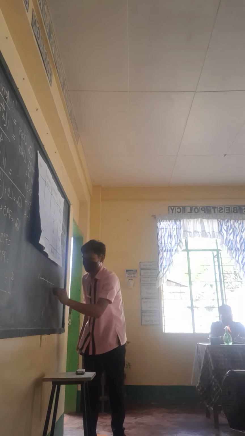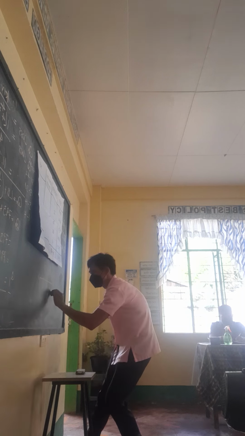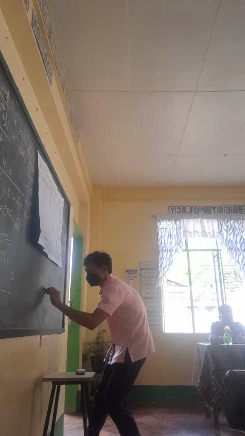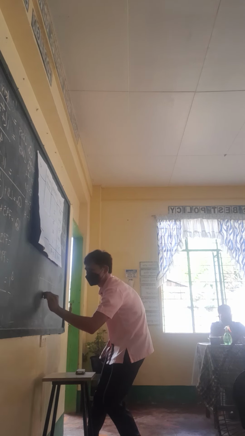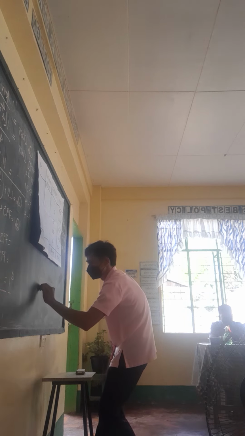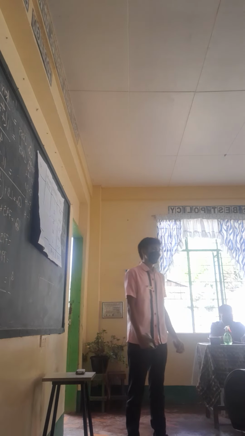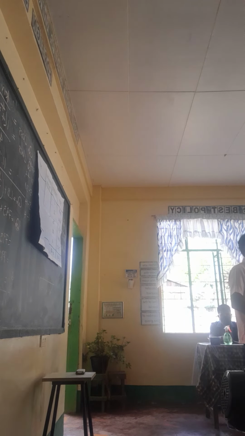So this is the 25%, quartile 1, then 50% is quartile 2, then 75% is quartile 3. So quartile 1 represents the 25% of the distribution. Is that clear?